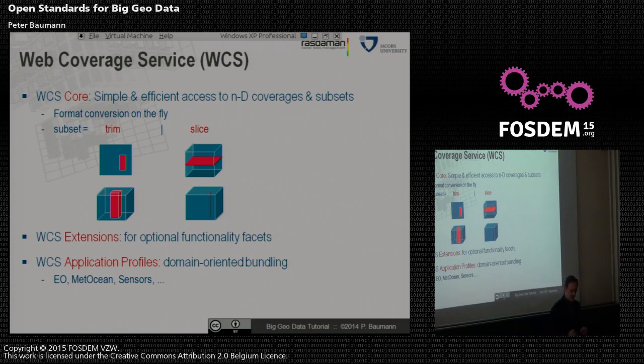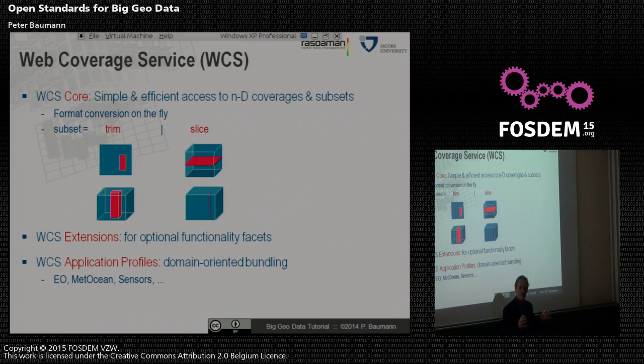This is what I will show on the next slide, but first let me mention that we have a third level, that is application profiles. Application profiles are a bundle, let us say, for particular application domains. So the question for an implementer is: I want to do something for remote sensing data, what extensions should I support reasonably?